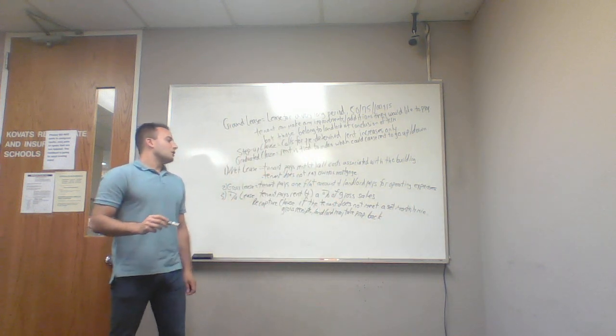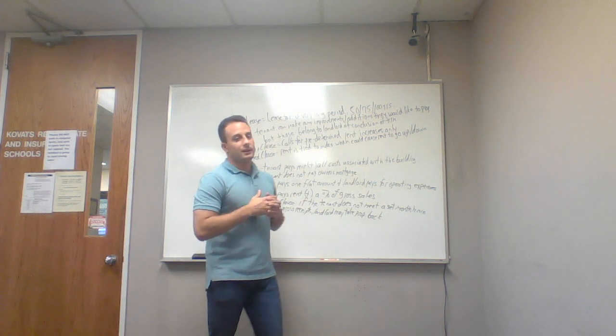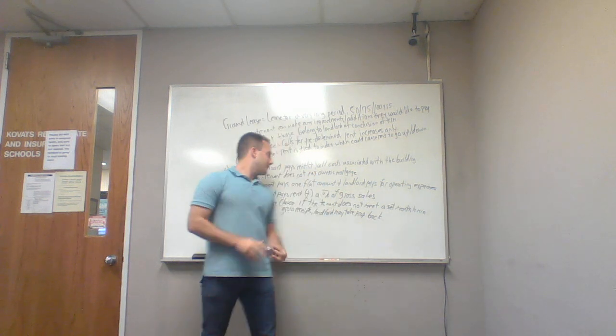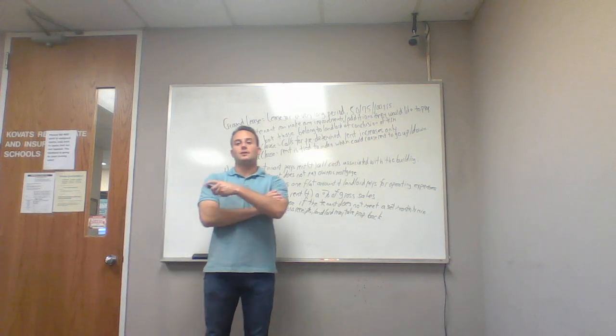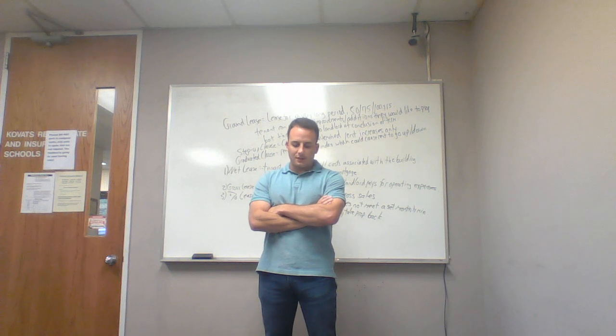So again, the recapture clause states that if the tenant does not meet a set monthly minimum in gross receipts, the landlord can then take the property back. So that is the recapture clause here, and those are the basics really for the percentage lease.